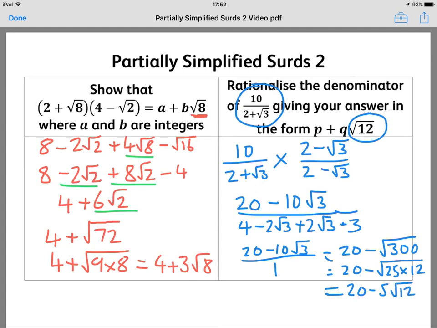So in this case, in fact, we should have P equals 20 and Q equals negative 5. And in the first case, A equals 4 and B equals 3.